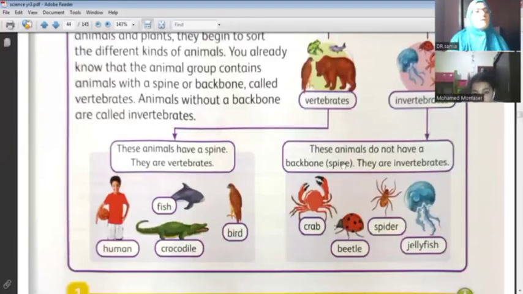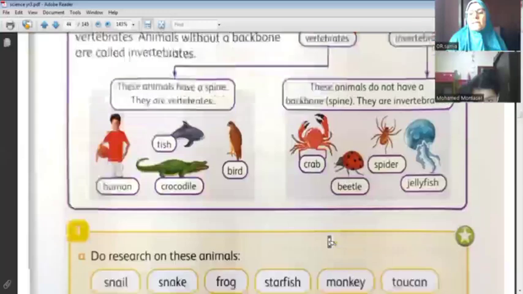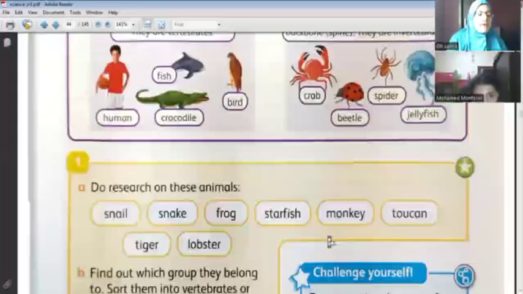The animals without a backbone, we call them invertebrates. These animals don't have a backbone. Like crab, like beetle, like spider, like jellyfish. They all have no backbone. Okay, Layan?